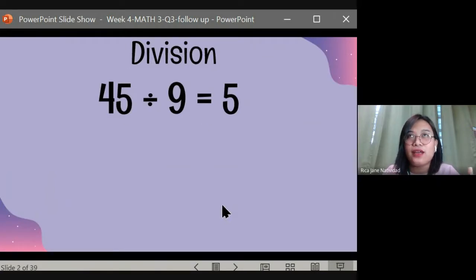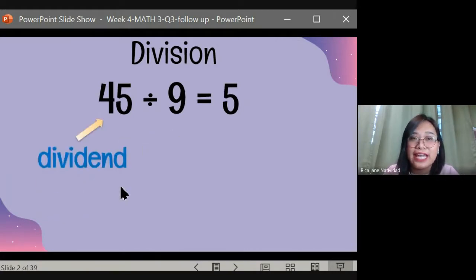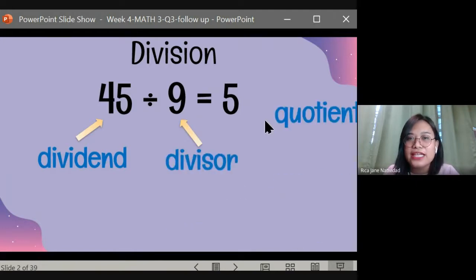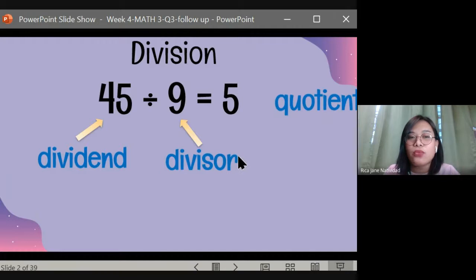So just like addition and multiplication, there are parts that help us to better understand a certain number sentence. So 45 is the dividend, while 9 is the divisor, and 5 is the quotient. We had yesterday that division is the inverse operation of multiplication.